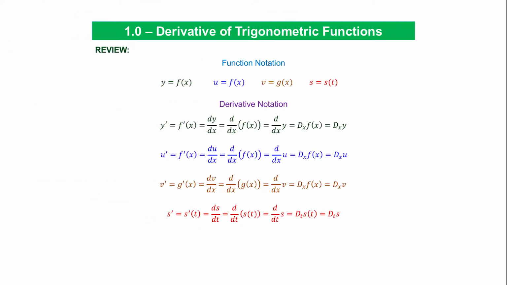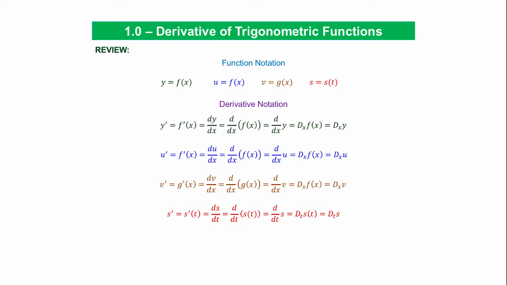If we have y as a function of x, u a function of x, v a function of x, s a function of t, then we can have the derivative notation as y prime, f prime of x, equal to dy/dx, equal to d subscript x of the function of x, then equal to d subscript x y.